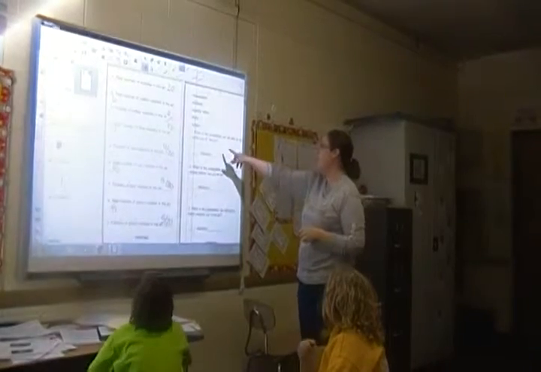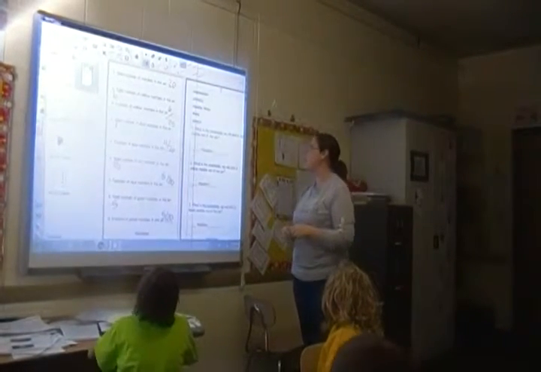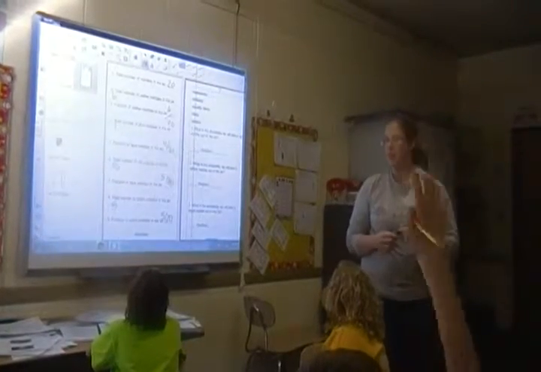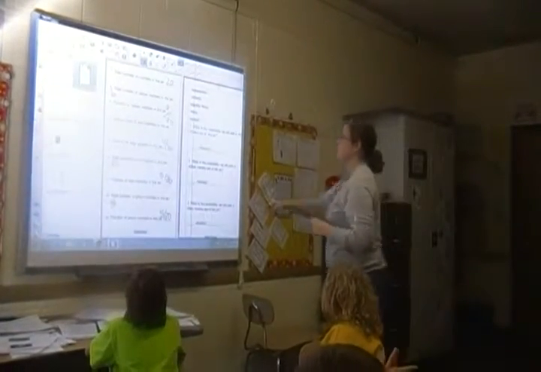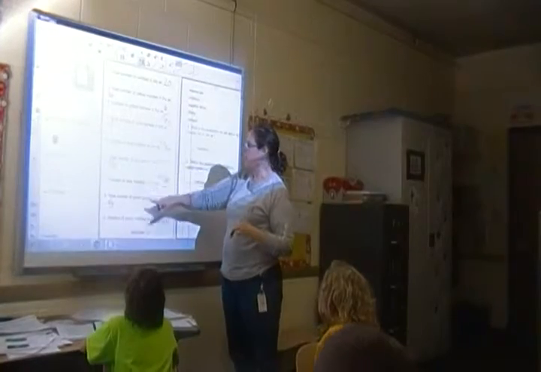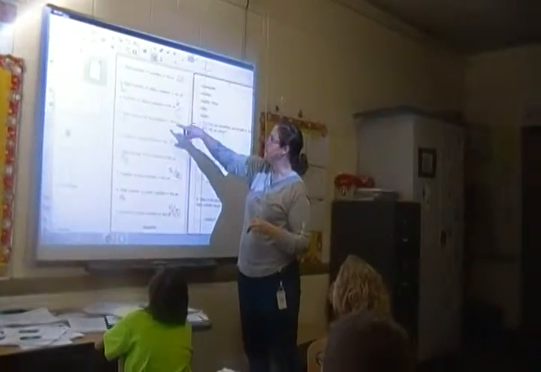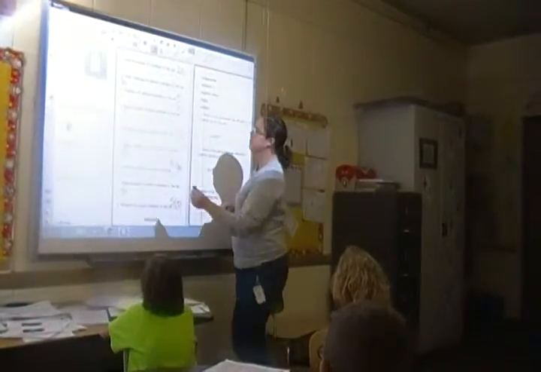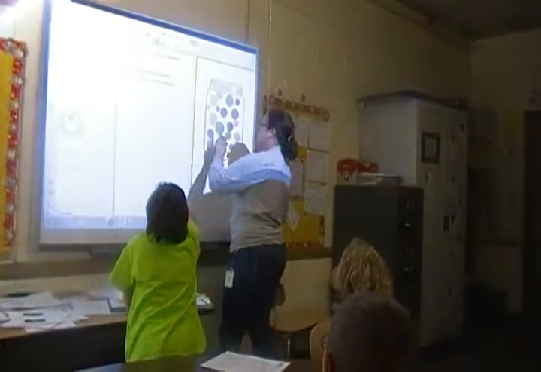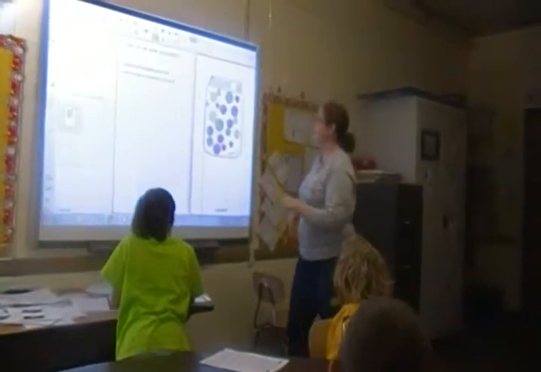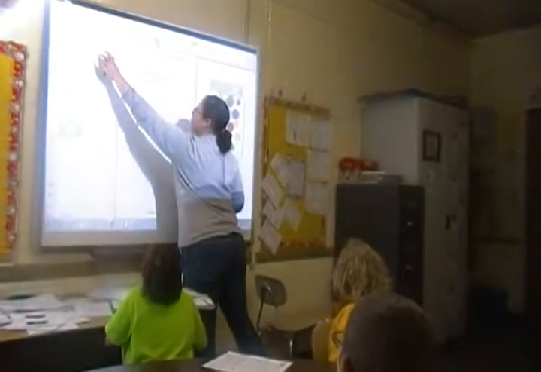Now, what is the probability we will pick a red marble out of the jar? Xavier. It's impossible. But we just said 5 for red marbles. Did we say red? Yeah, I see it. How many red do we have, Xavier? 5. So it can't be impossible.